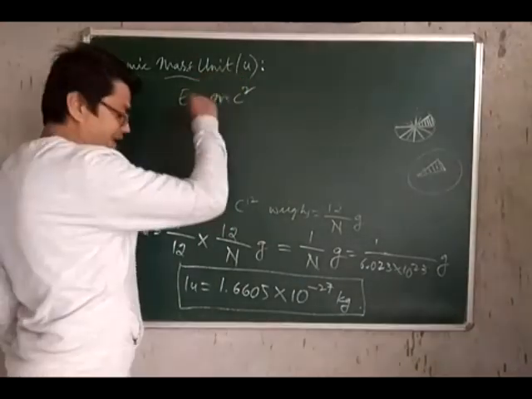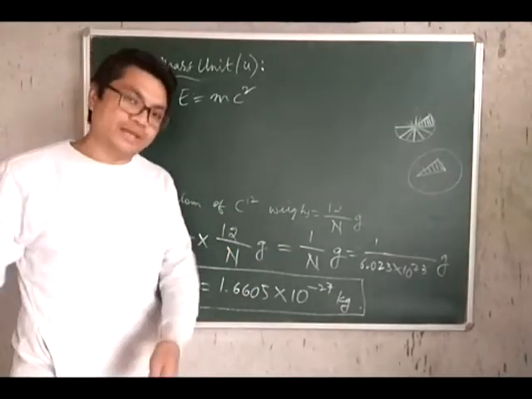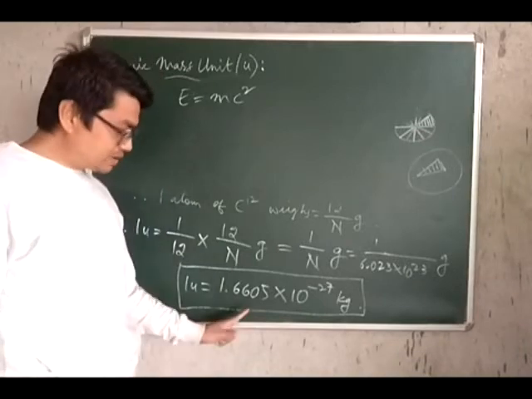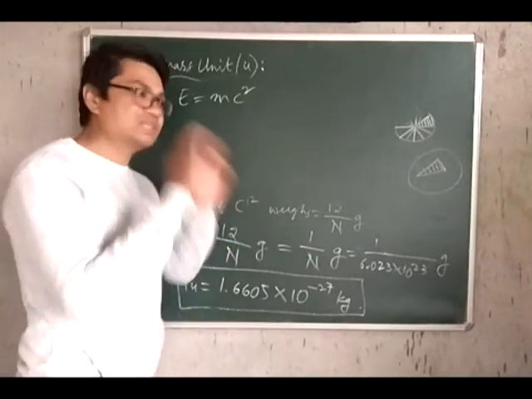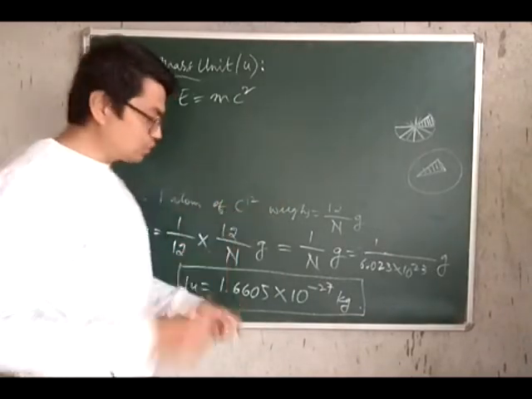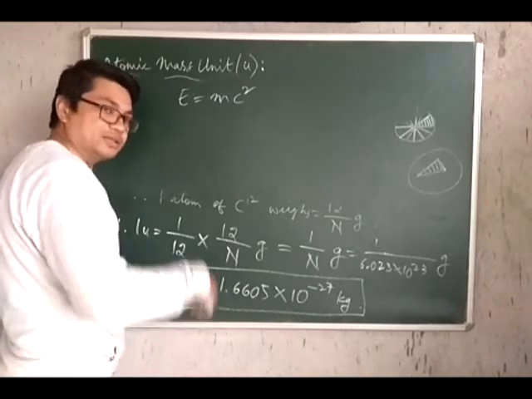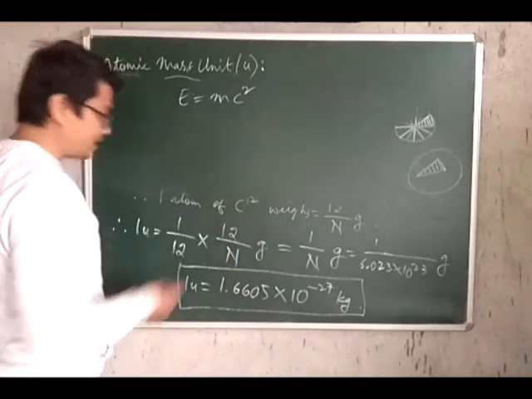So any mass is also a form of energy. Mass can be converted to energy, so to say. So this amount of mass will also amount to some amount of energy. We want to find that value: this amount of mass is equivalent to how much energy.